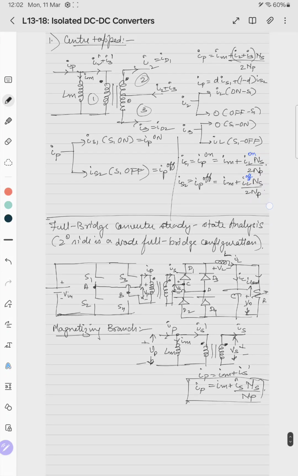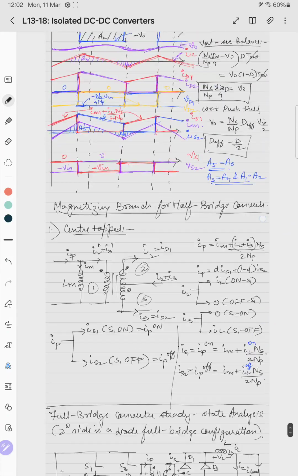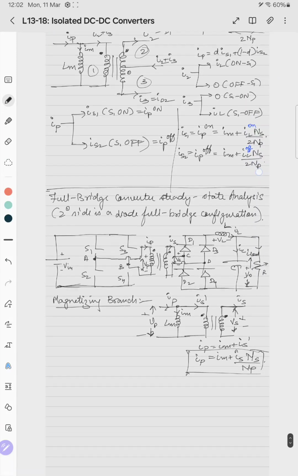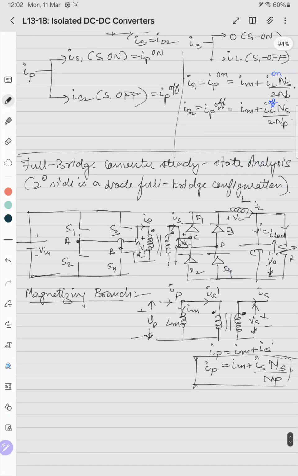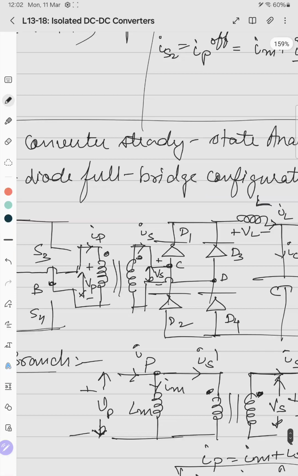And in this case, what is IS? This is IS. So the possibility for IS is to enter this diode D1, to enter this circuit, and again come back from this node, D node.